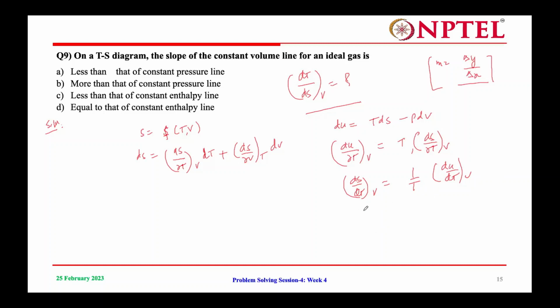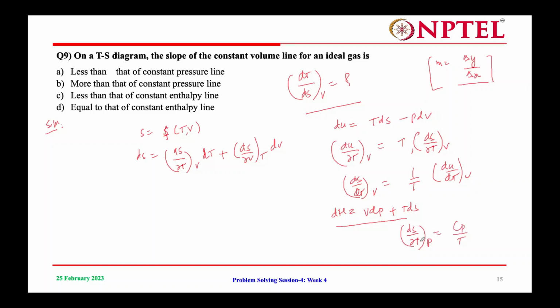Right. Similarly, dH = VdP plus TdS. So we just derived that ds by dT at constant pressure is Cp by T.